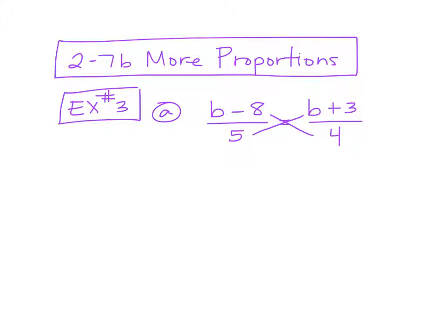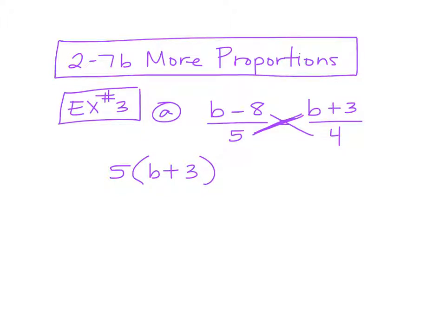Anyway, when you cross multiply this, okay, the biggest thing you need to focus on is there are not parentheses there, and you need to put parentheses there because we're going to do the distributive property, okay? So if I'm multiplying 5 times b plus 3, I'm going to write that as 5 parentheses b plus 3.